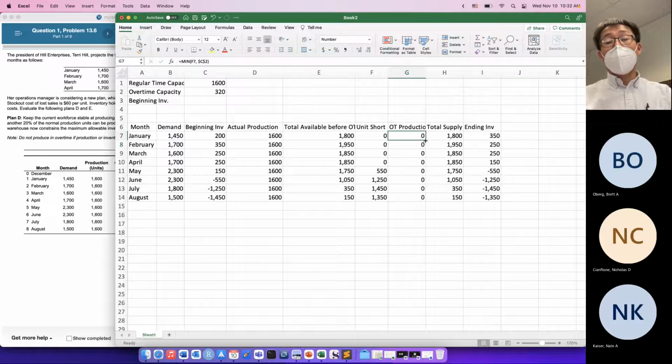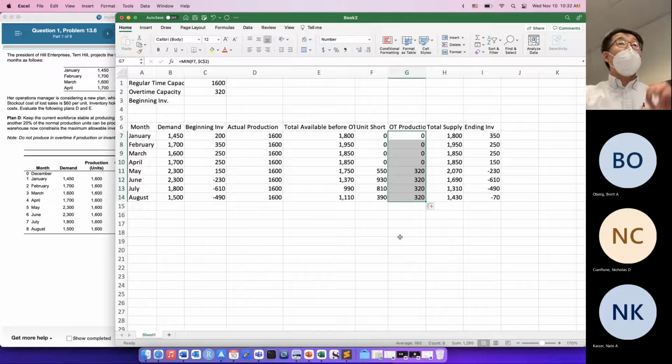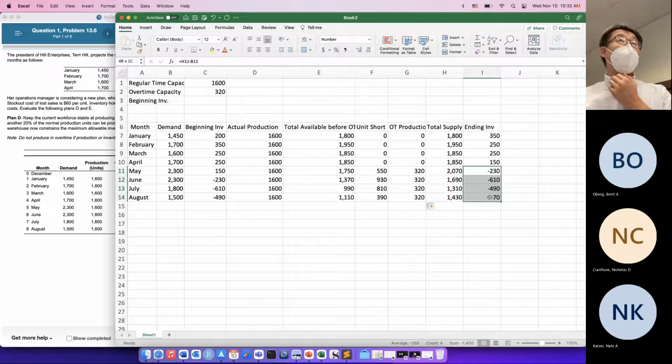Let me see if this looks all right or not. It looks like everything is just fine except this part. Our ending inventory may not be a negative number.